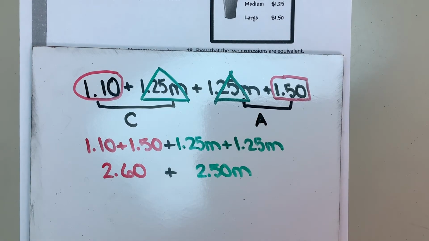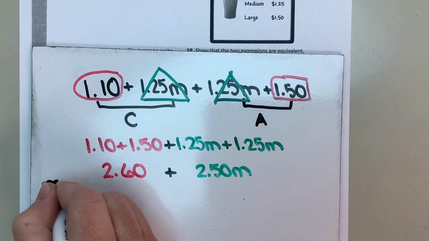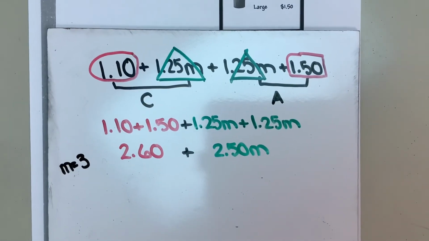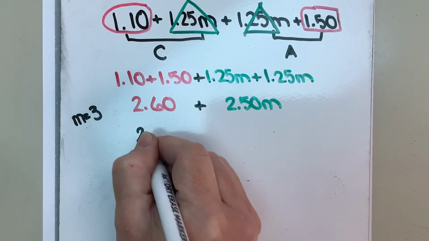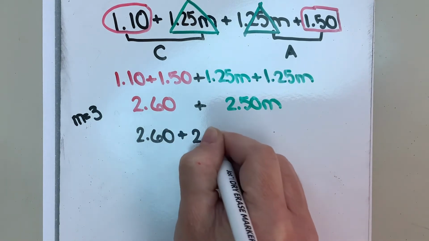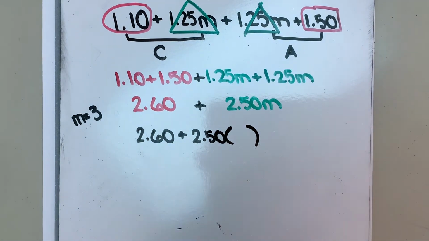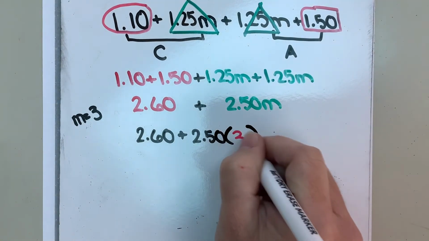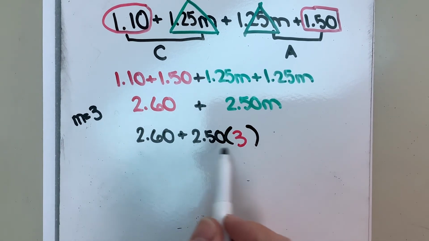And that's all we do. Now, we could take this one step farther. You might be told then that M equals 3. So now what we can do is evaluate this expression using M as 3. What that means is our $2.60 remains, and we're going to have $2.50 times our value of M, which we're going to use as 3. Let's go ahead and use this as parentheses.